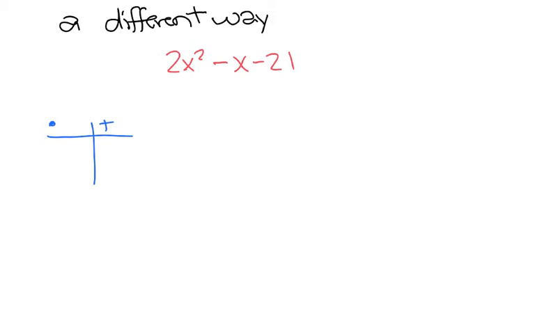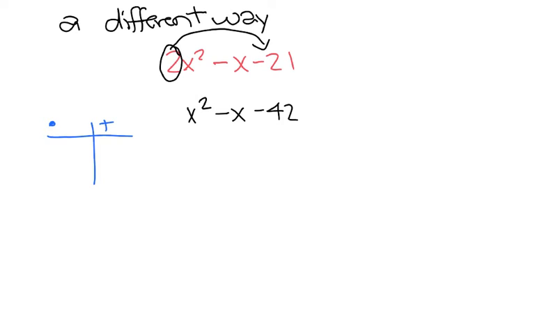But like in math, there's always a different way to do this. So here is a different approach that, if you like it better, then roll with it. Kind of the same concept. We're actually going to, in a sense, get rid of this 2, and we're still going to multiply it to the end. But I'm going to rewrite my problem to say x squared minus x, and instead of it being negative 21, it is going to be negative 42.